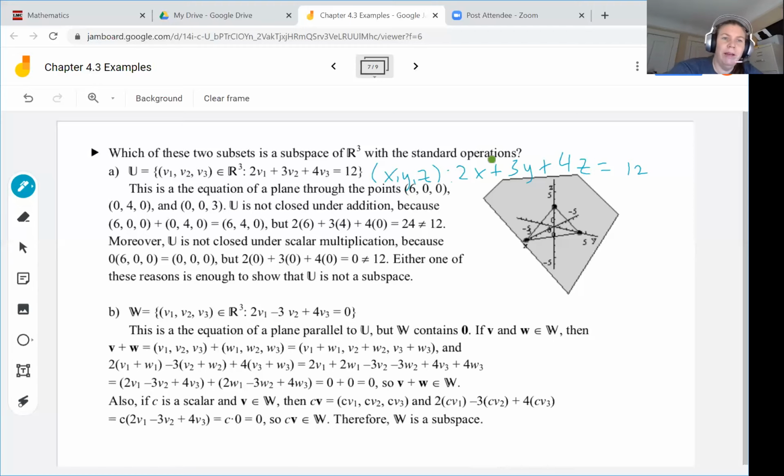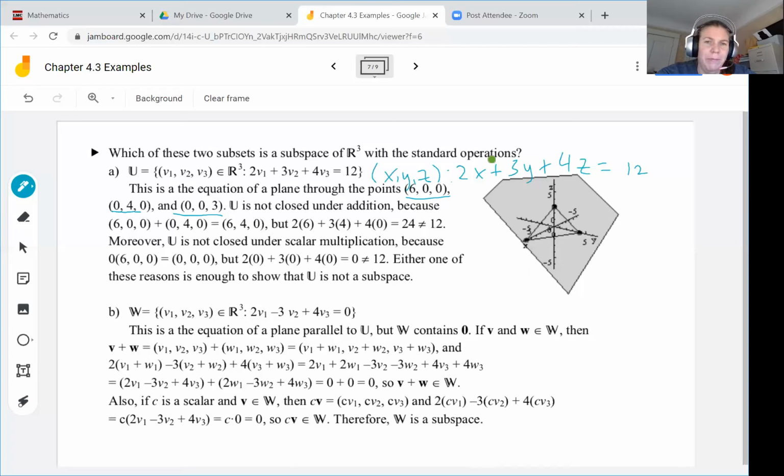And we see that right here because all of those would give us equality to 12. So this space is not closed under addition because if you add these points up, you get things that are no longer in that plane.